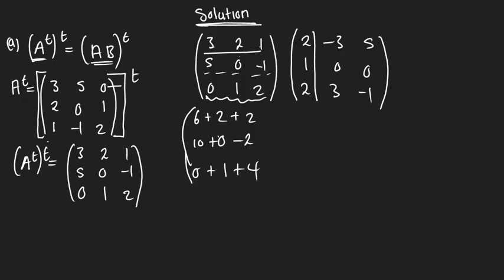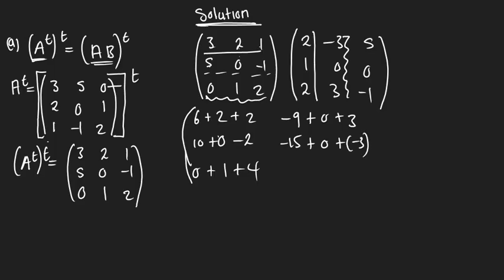Then we come to this part here. We will start with the first one. 3 multiplied by negative 3, it's negative 9, plus 2 multiplied by 0, it's 0, plus 1 multiplied by 3, it's 3. Then 5 multiplied by negative 3, it's negative 15, 0 multiplied by 0, it's 0, and negative 1 multiplied by 3, it's minus 3.